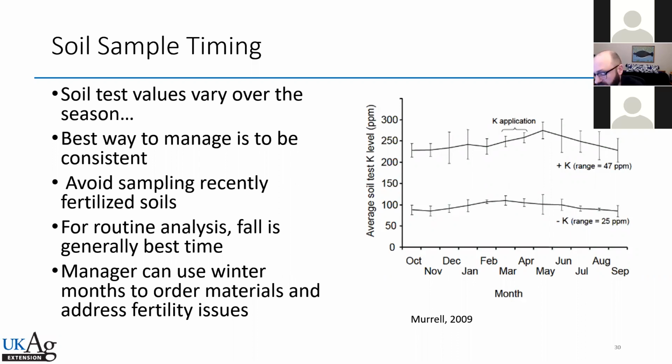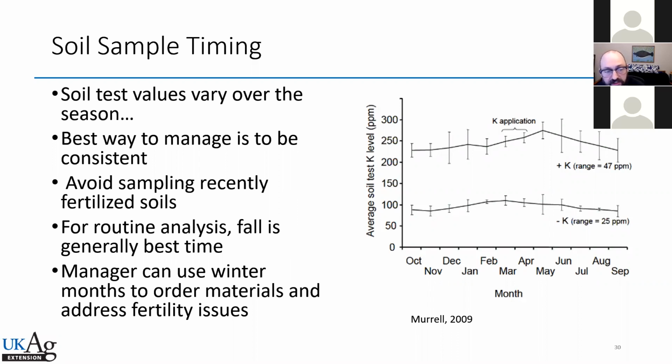So potassium chloride, which we call muriate of potash, MOP, or just potash, or 0-0-60, is fine. At agronomic rates, that salt is going to wash right out. Enough rain, we don't have to worry about that salt damage with 0-0-60 at agronomic rates. So don't worry about that salt.